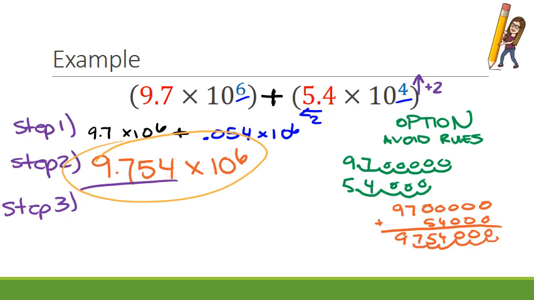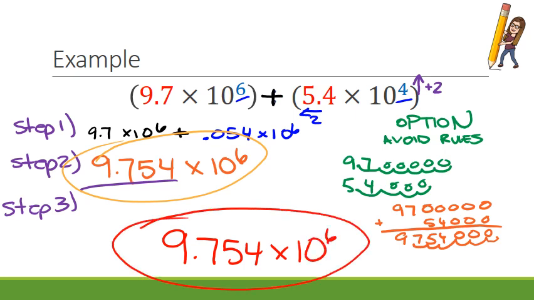That means my final answer, no matter which form I use, is 9.754 times 10 to the 6th. Notice it's about the same amount of work either way. So again, you can follow the rules or expand and add.